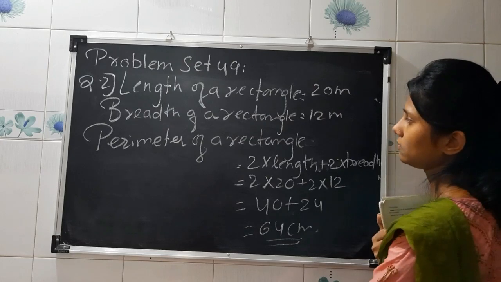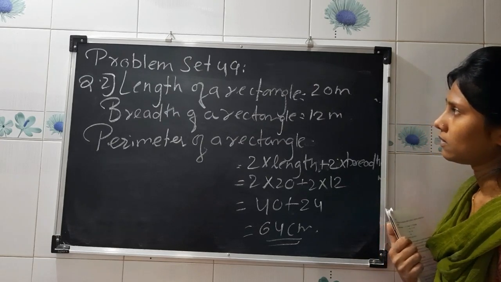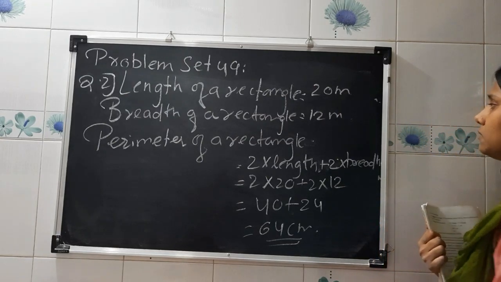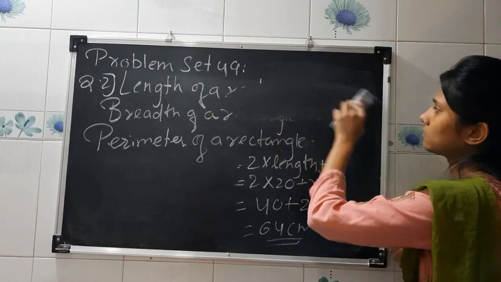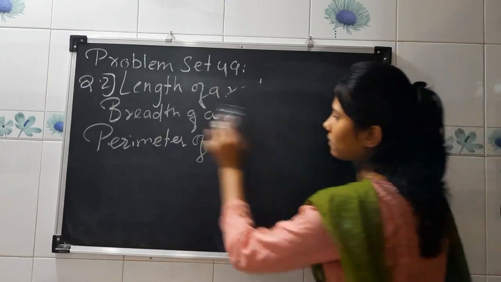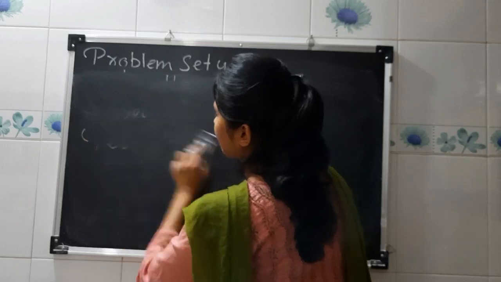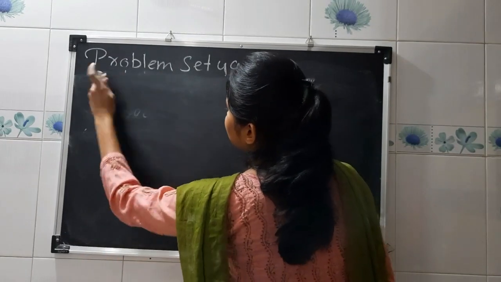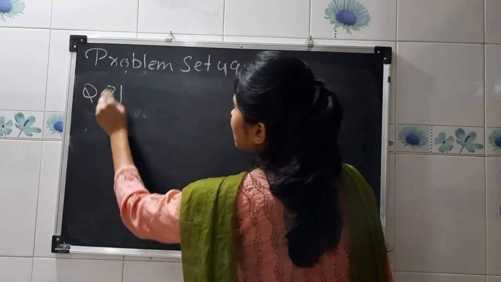Okay, next one. Question number 3. Each side of a square is 9 meter long. Find its perimeter.